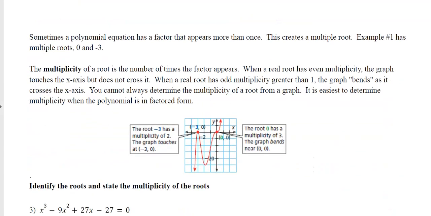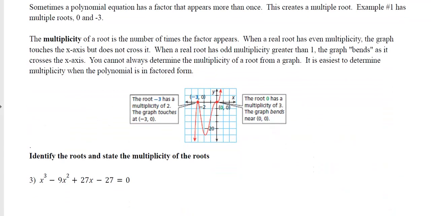All right, moving down, we have a little fact here. I want to read about multiplicity. It says sometimes a polynomial has a factor that appears more than once. Notice in example 1, we had x equals -3 in 2 places. Then we had x equals 0 in 3 places.